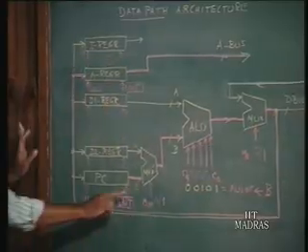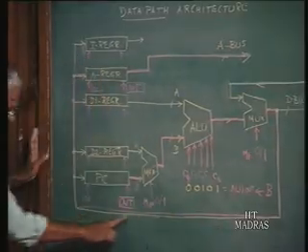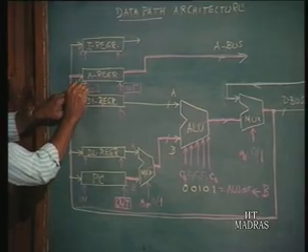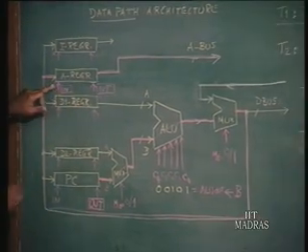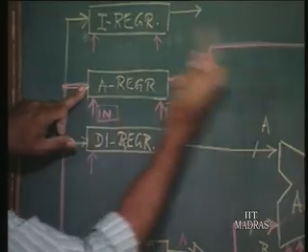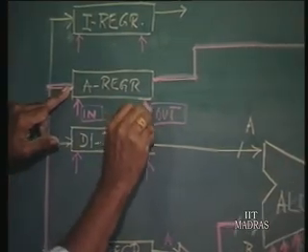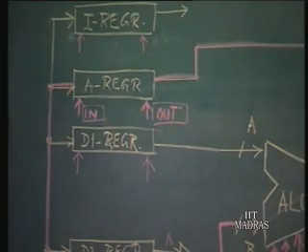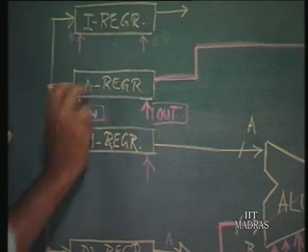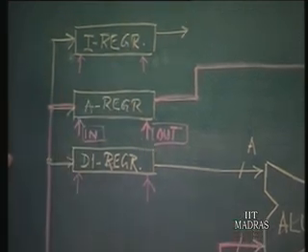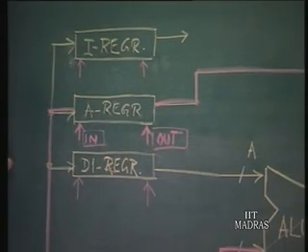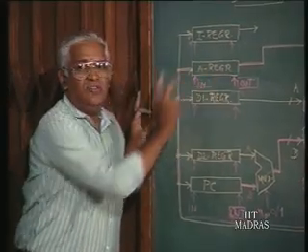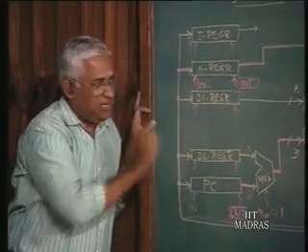Now, the PC contents get routed over this, and it must enter only the A register. So, this input must be enabled, this is another control signal, and since this must go on to the A bus, also the output of this register must be enabled. Now, we have other control signals also, that is in and out of the I register, like this, in and out of all these registers. Specifically only out of PC and in and out of A register must be enabled during T1.